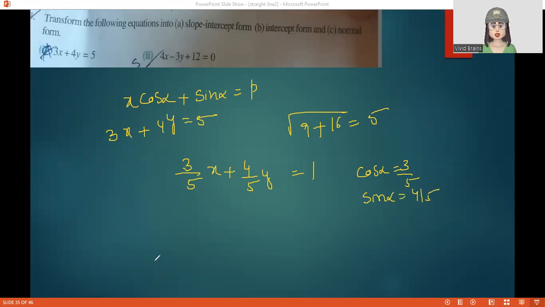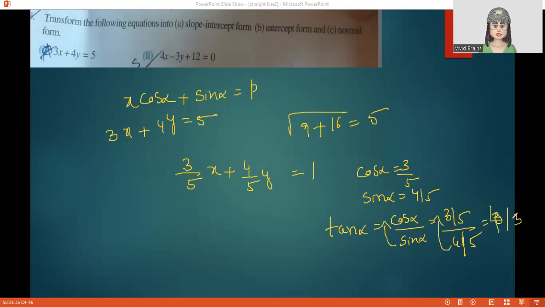Now tan alpha. Tan alpha is equal to sin alpha by cos alpha. Sorry, sin by cos. So 4 by 5 by 3 by 5, that means 4 by 3 we are getting. Just reverse these two. So tan alpha is 4 by 3.